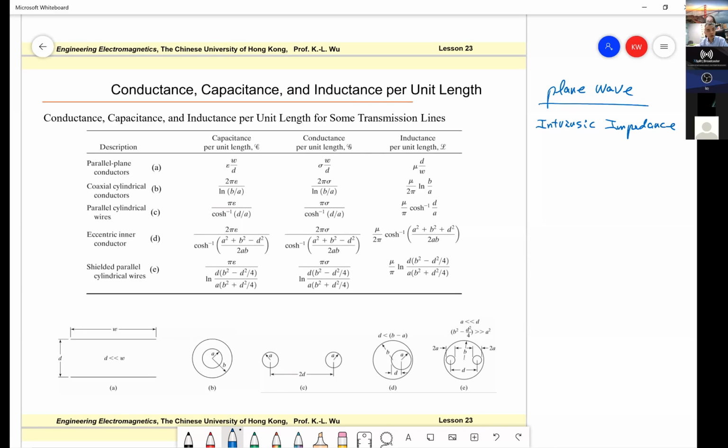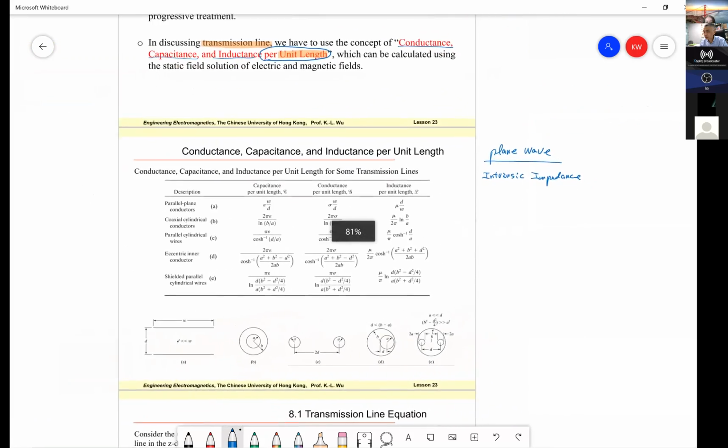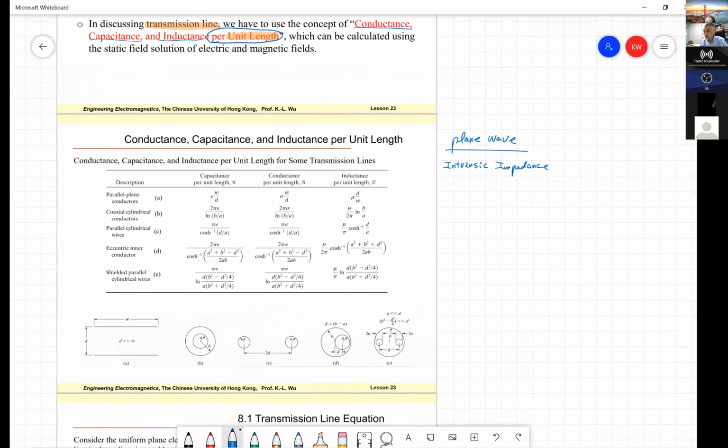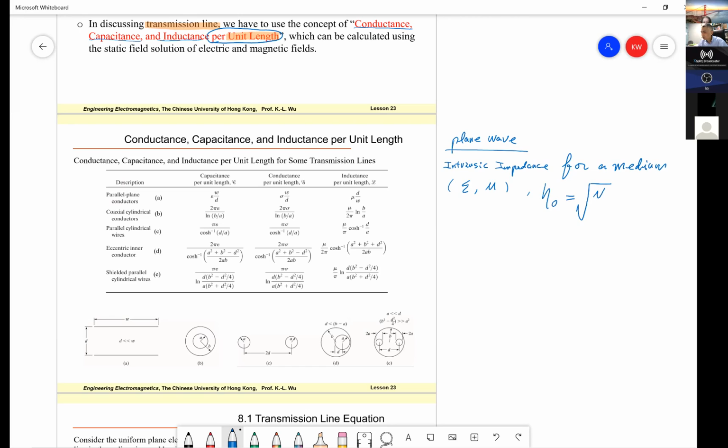For intrinsic impedance, what that means is intrinsic to a medium. So for a medium, if we know the permittivity and the permeability, the intrinsic impedance becomes equal to this.